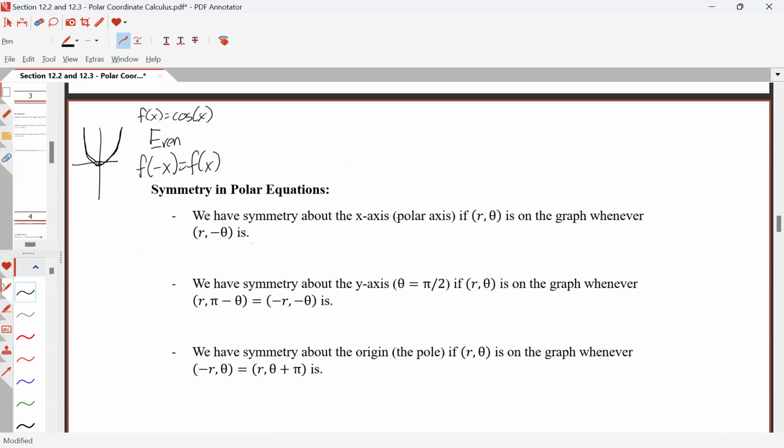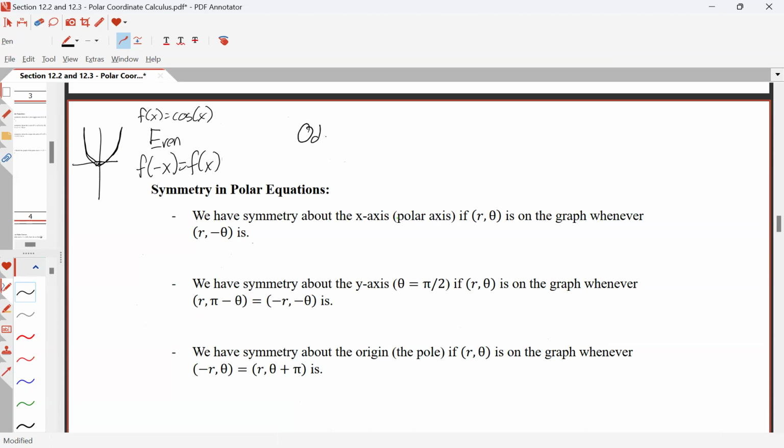Those were examples of an even function. They have a symmetry about the y-axis. What happens on the left-hand side of that y-axis is the same as what happens on the right-hand side of that y-axis. So a mirror is put down the middle.